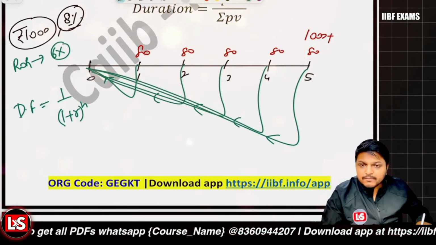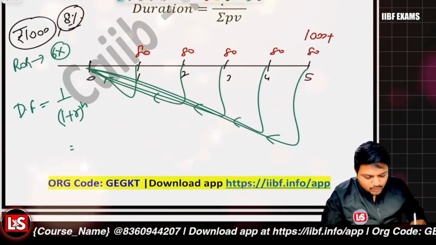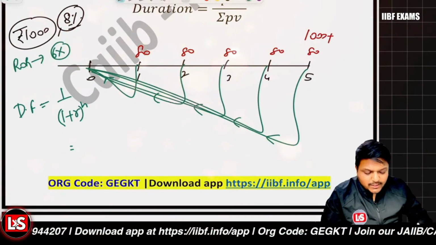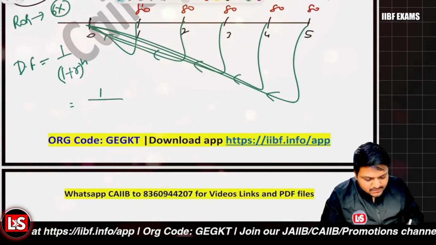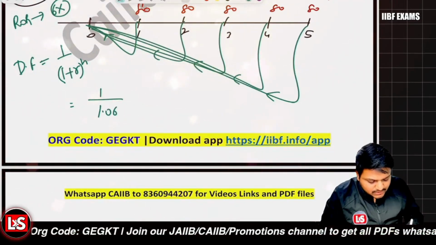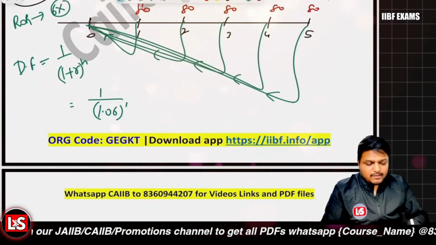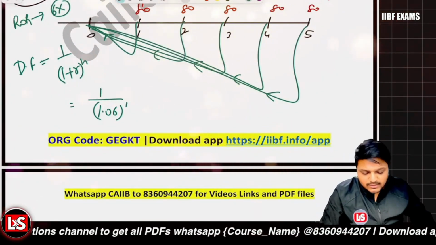For the first year, the discounting factor would be 1 divided by 1 plus R, converting 6% to decimal, that is 1.06 raised to power 1, right? And if we calculate 1 divided by 1.06, it comes out to be 0.94.